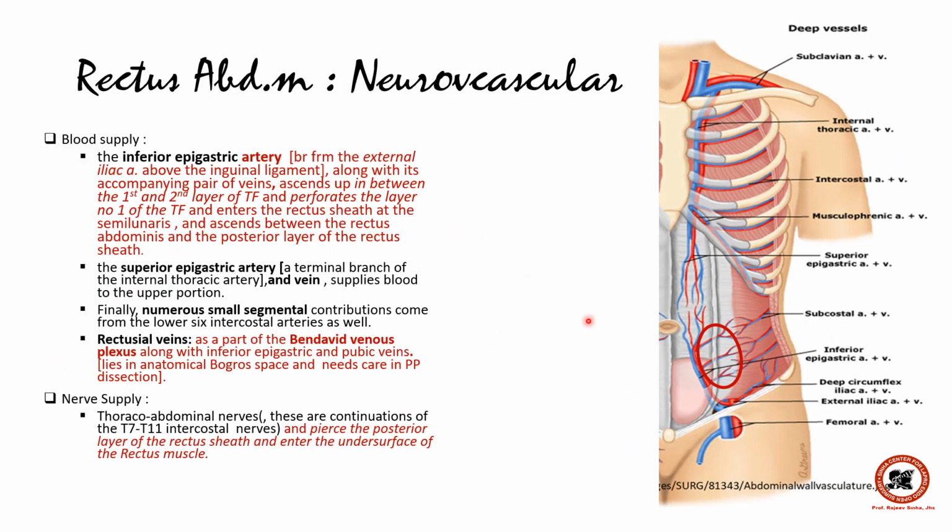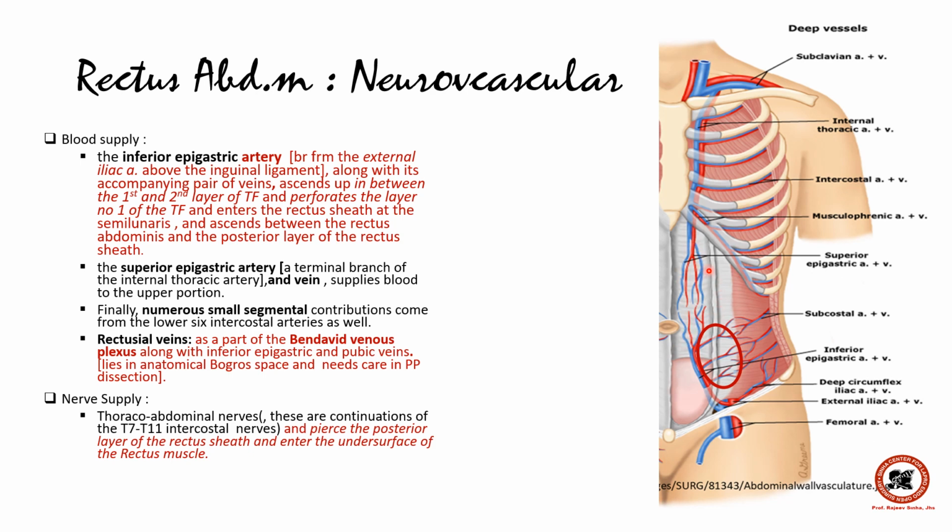Now, the neurovascular supply of the rectus abdominis is through the inferior epigastric vessel, which needs just a few more words. Arising from the terminal part of the external iliac, it climbs into the arcuate sheath, into the posterior sheath at the arcuate line, and then it ascends up and makes contact with the superior epigastric vessel.